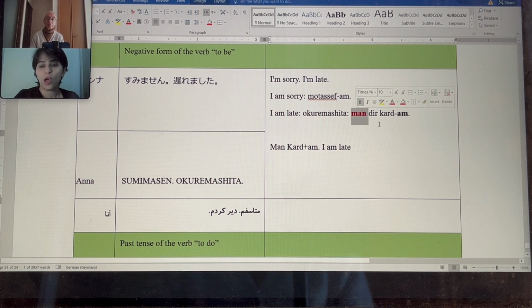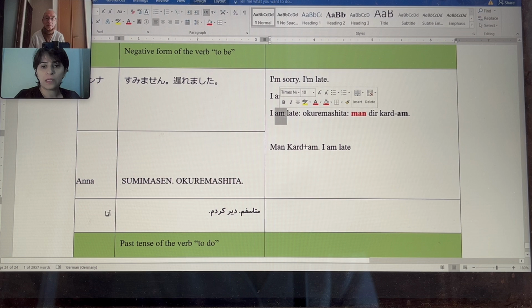You can drop it. So dir kardam means I'm late. It's not the same as English, but mostly similar to Japanese. It is like a compound verb. Dir means late, and then kardam means to do.